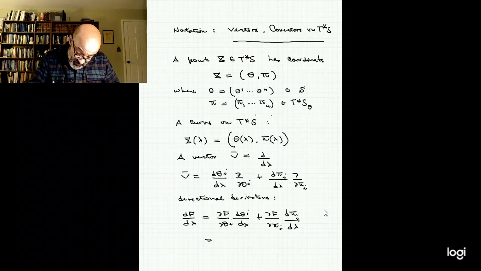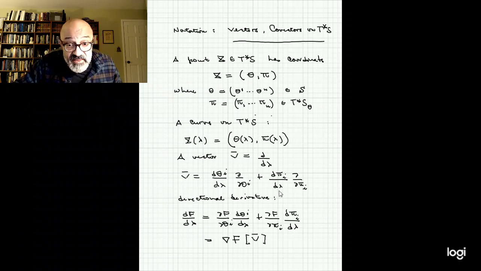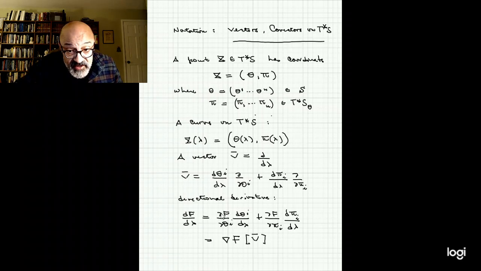So we're going to write this as the gradient of f acting on the vector v that had those components. Now, this gradient has components along the thetas and along the pi's.